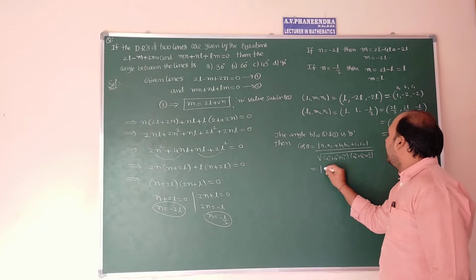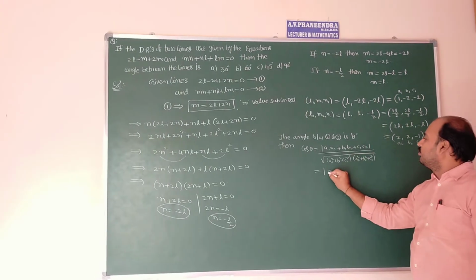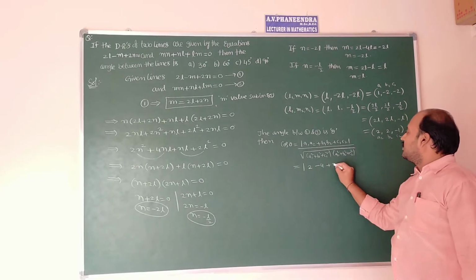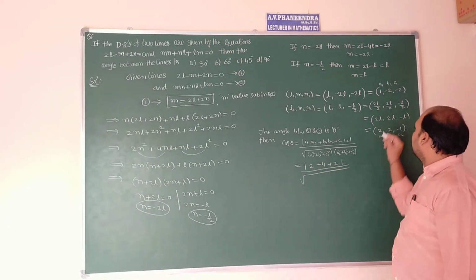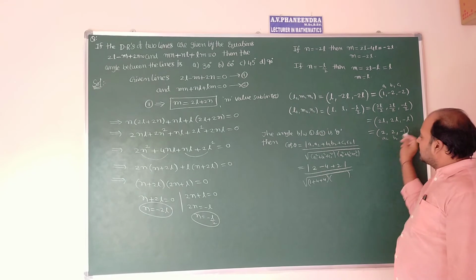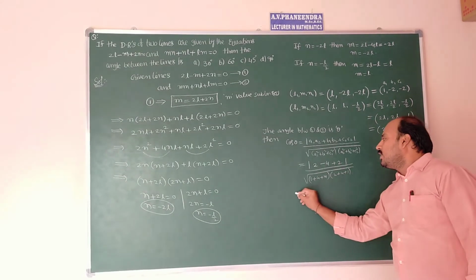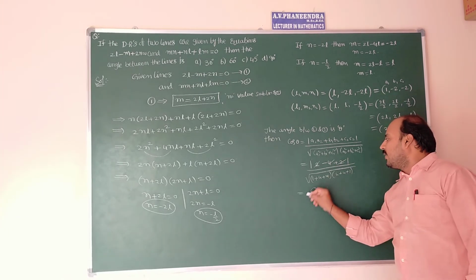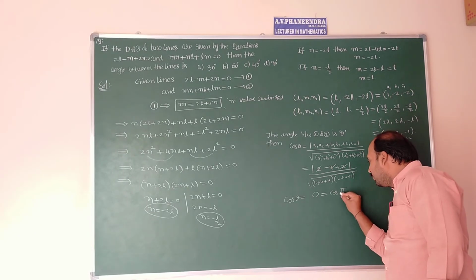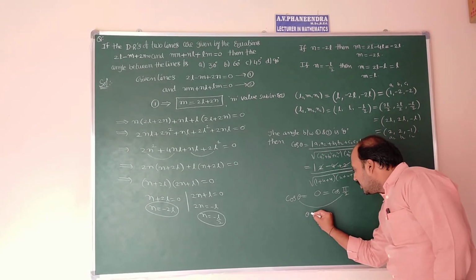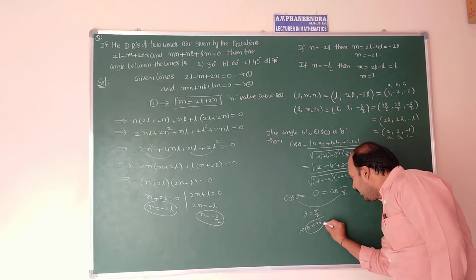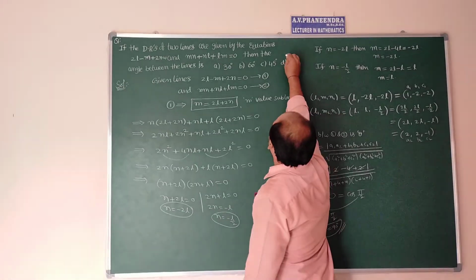Which is equal to mod of 1 into 2, plus minus 2 into 2 is minus 4, plus minus 2 into minus 1 is plus 2, divided by square root of 1 plus 4 plus 4, that means 9, into square root of 4 plus 4 plus 1, again 9. But in the numerator, if you observe, plus 4 minus 4 cancel, so it is 0. Cos theta is equal to 0. When cos theta is equal to 0, it is cos pi by 2, which means 90 degrees. So theta is equal to pi by 2, that is theta is equal to 90 degrees. Therefore, the angle between the lines is 90 degrees, which is there in the fourth option.